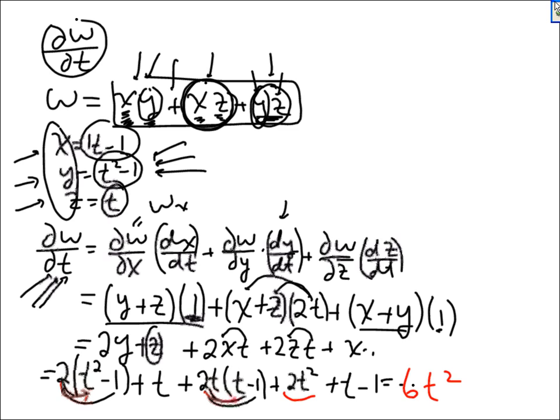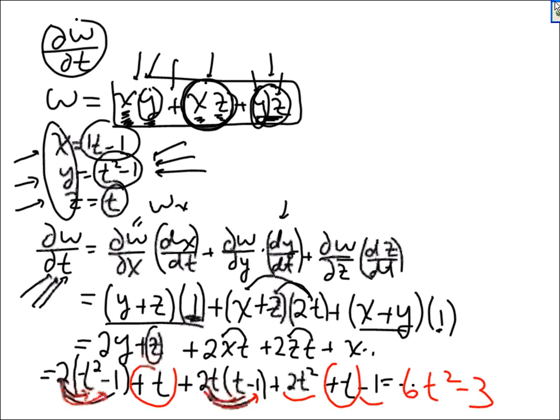How many t's do we have? We have 1t minus 2t, that's negative 1t, plus t, it's no t's. And then you get minus 2, minus 1, so minus 3. So I lied, I did it for you. That's one way of doing this problem.